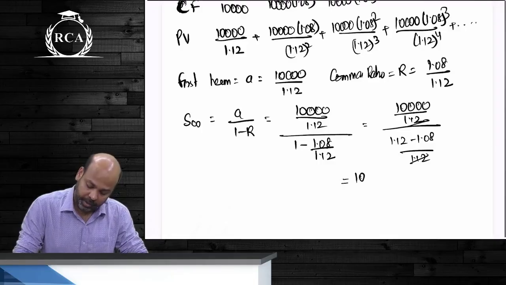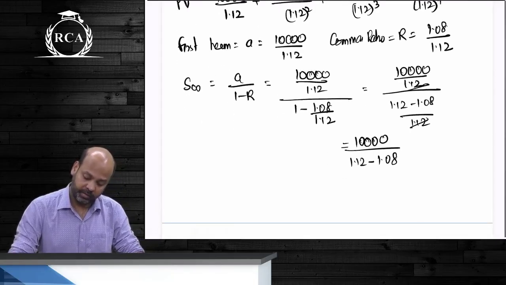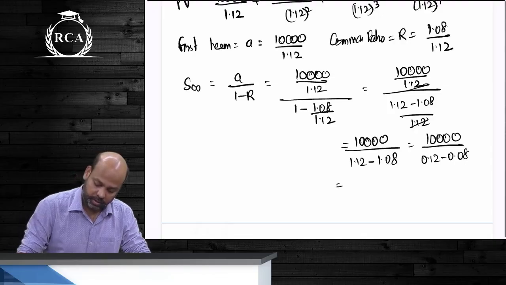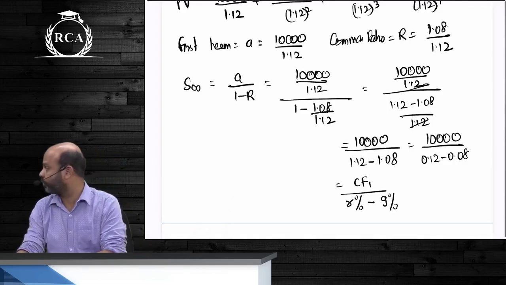You'll be left with what beta? 10,000 divided by 1.12 minus 1.08. This will be written as 10,000 divided by 0.12 minus 0.08. That is cash flow of year 1 divided by R% minus G%.